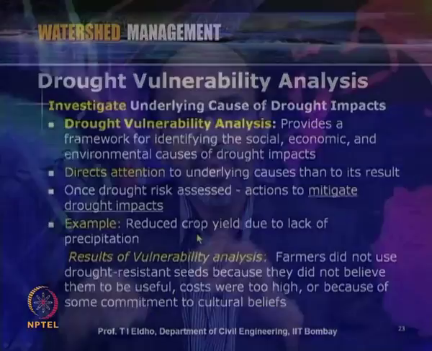So, we have to identify the causes, and then see what the vulnerability is as far as the drought is concerned, and then come up with the mitigation measures. That way the drought impact assessment is very important.